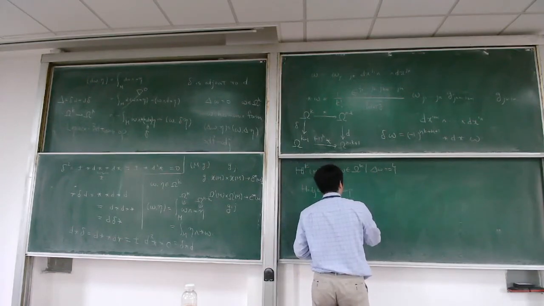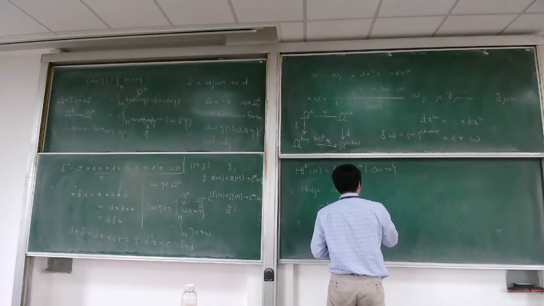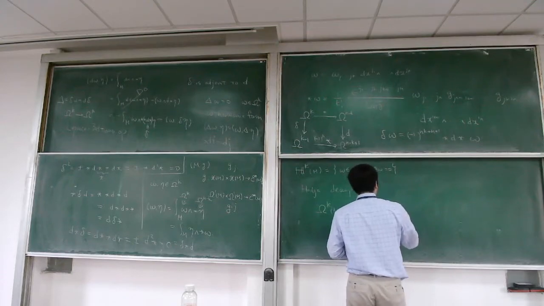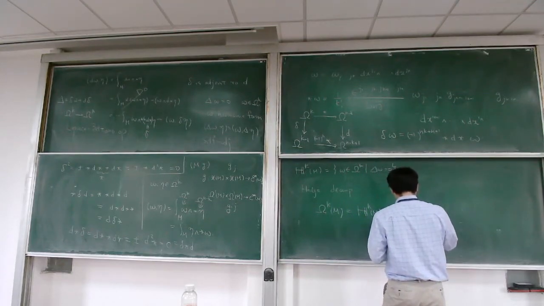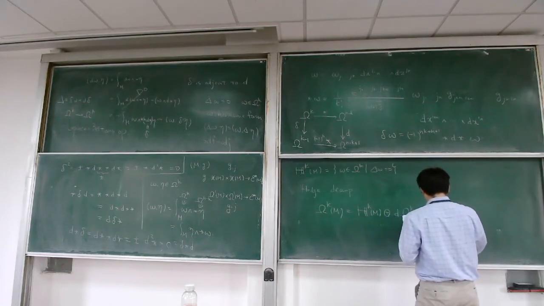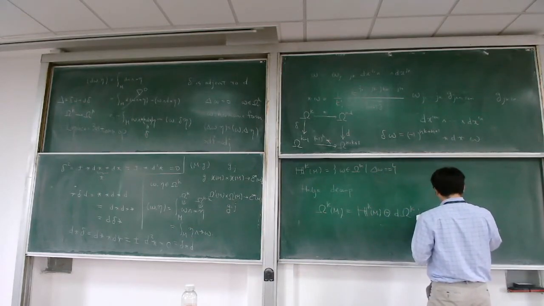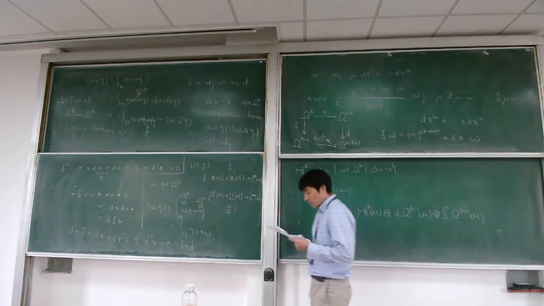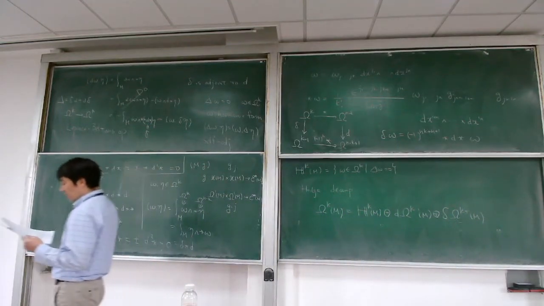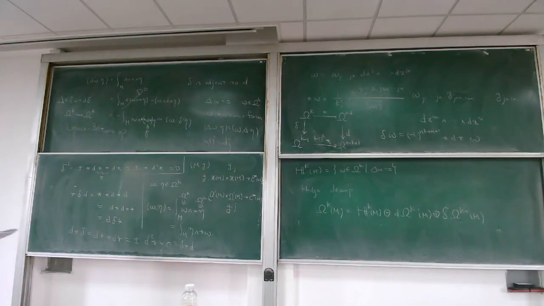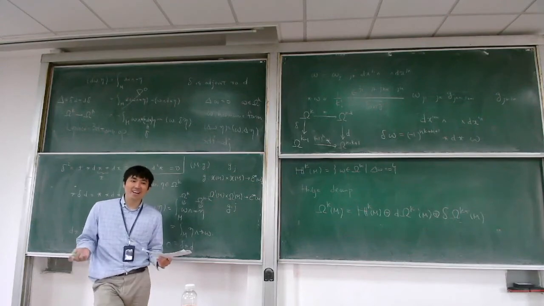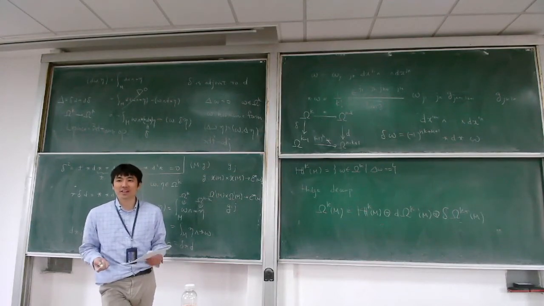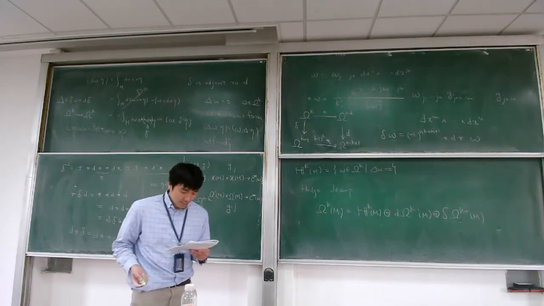is equal to H^k of M plus d omega k minus 1 of M plus delta omega k plus 1. So I just state the statement of the Hodge decomposition. To prove this one, you need hard analysis, and the Warner book does that for you.